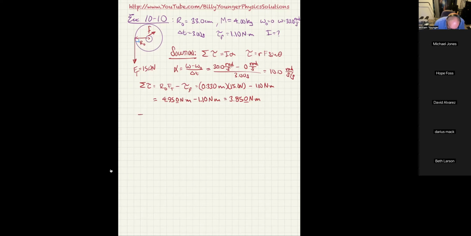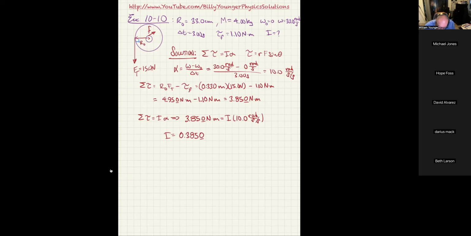We can say the summation of the torques is equal to I times alpha, which gives me 3.850 Newton meters is equal to I times 10.0 radians per second squared, and that gives me I is equal to 0.3850. And what we're doing is dividing by per second squared, and a Newton meter is a kilogram meter squared per second squared.